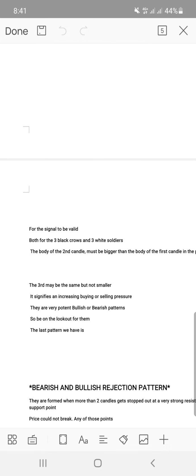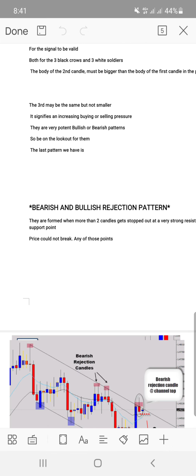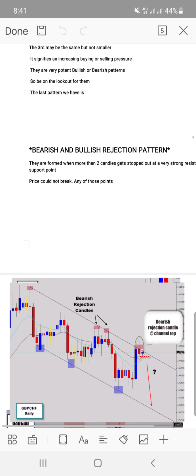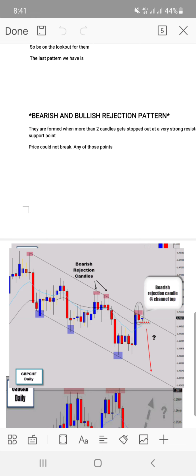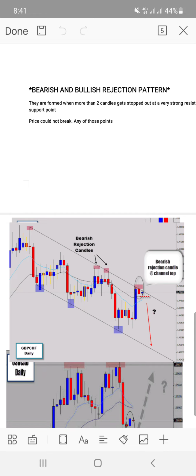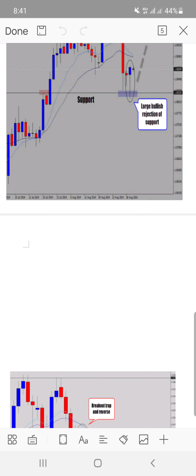The next topic we're going to be considering is the bearish and bullish rejection pattern. Now, before I explain them, I would need to explain support and resistance, because it works with the principle of support and resistance.